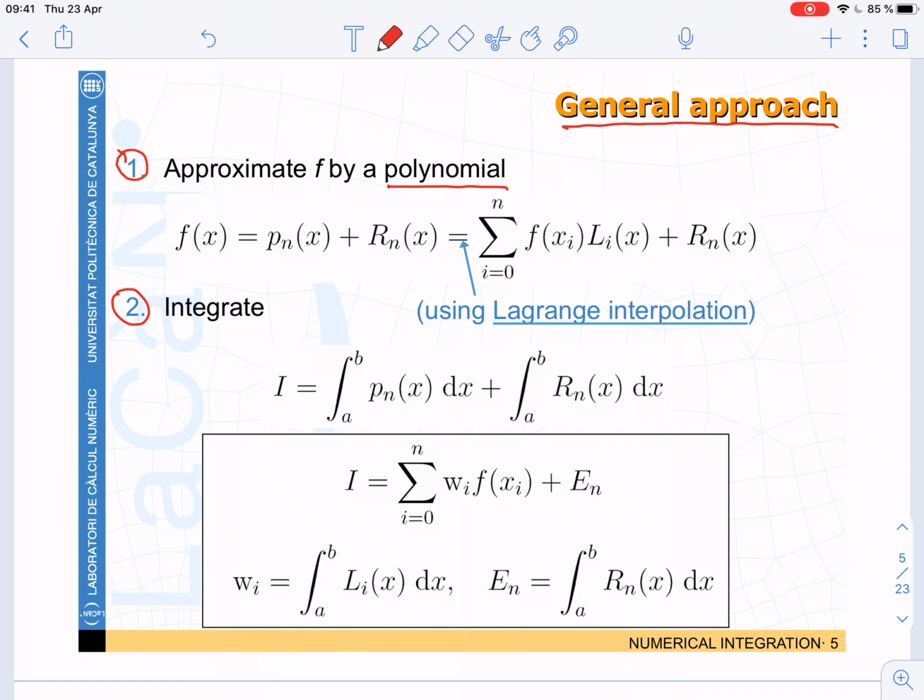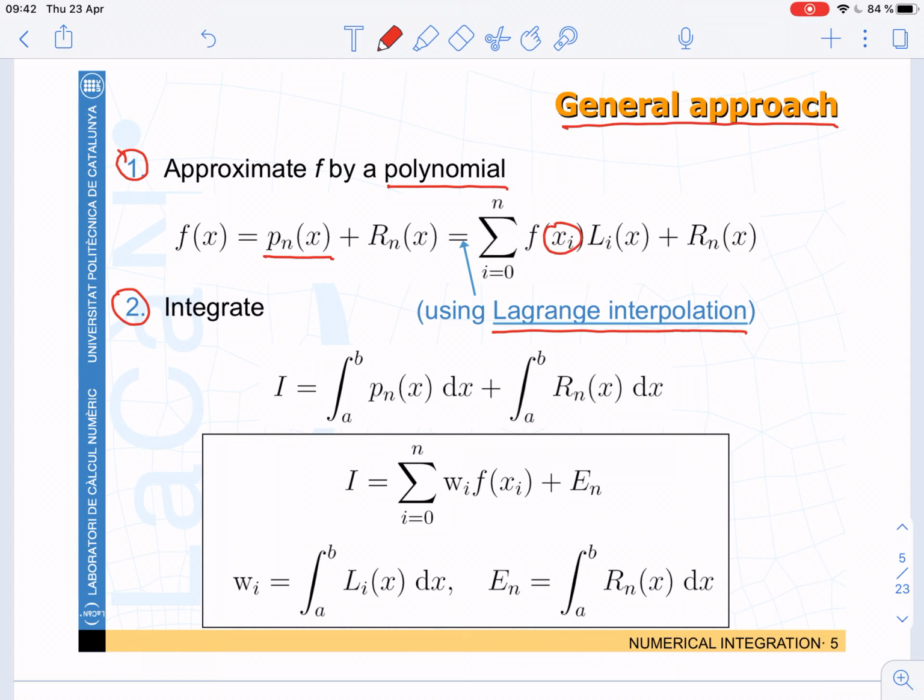In some more detail, we will approximate f by a polynomial of degree n using Lagrange interpolation with integration points xi.